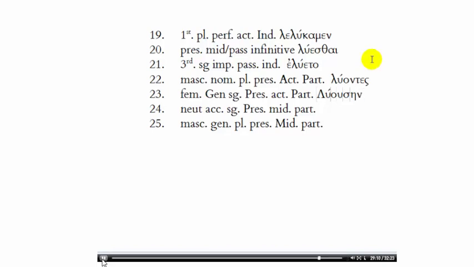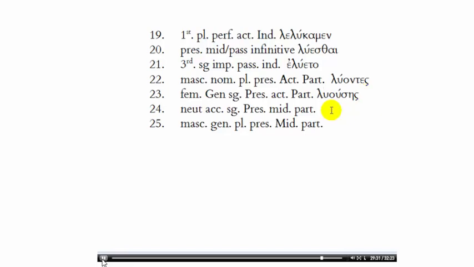Except I've got that accentuated wrong, because you've got a long vowel here, and so I can't have an accent that goes all the way back on a long vowel. It's got to move up. It's got to move to here. That rule stays. So luouses.